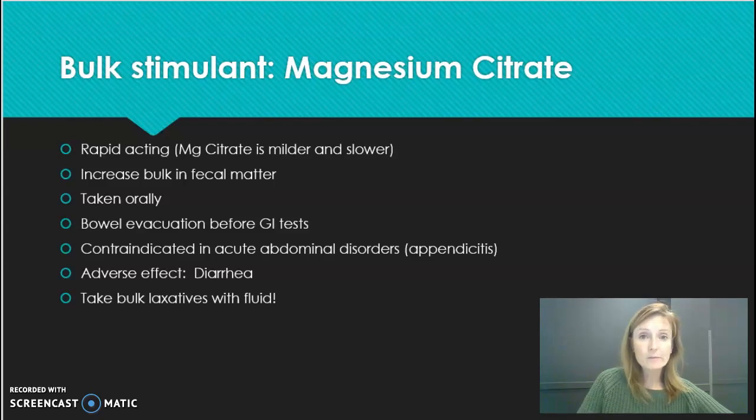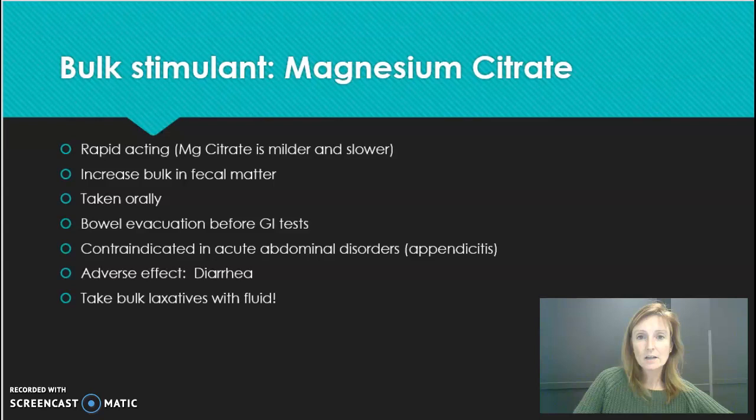Also, GoLytely we use for procedures, milk of magnesia, Metamucil, right? It bulks up the stool. It's very important that when you're giving a bulk forming laxative, you encourage patients to make sure they're having enough fluids with that.